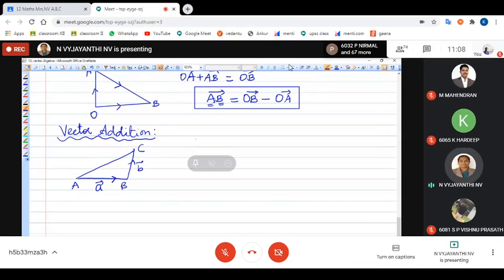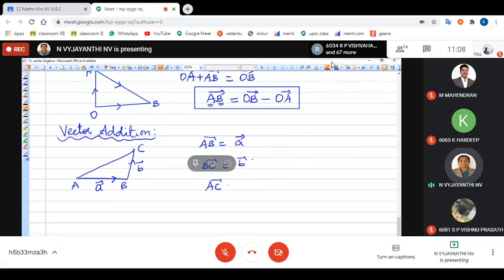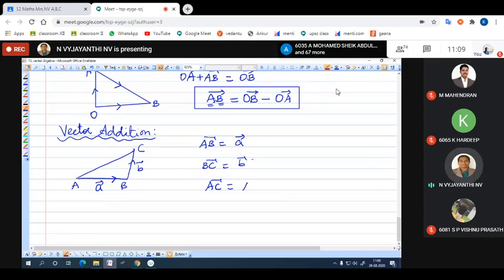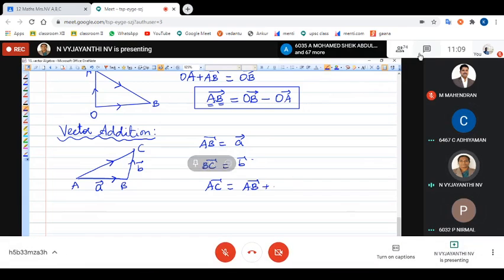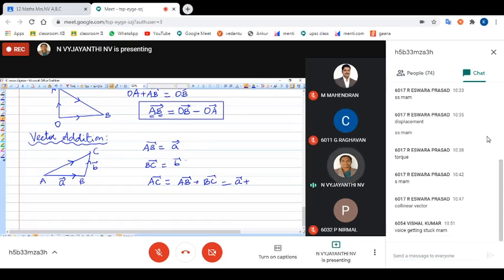A person is traveling from A to B, and then B to C, which is B vector. Then AC vector is nothing but AB vector plus BC vector, which is A vector plus B vector. This is vector addition.